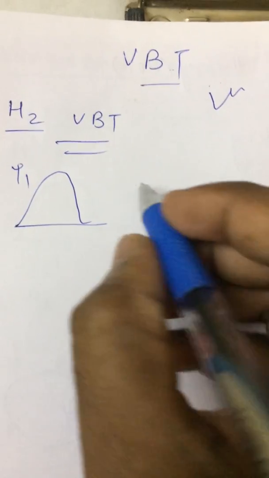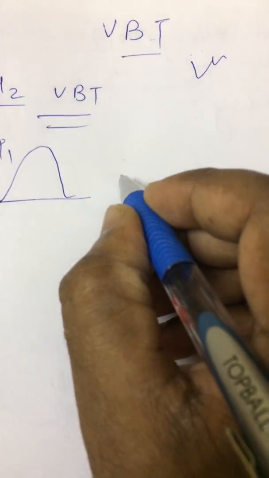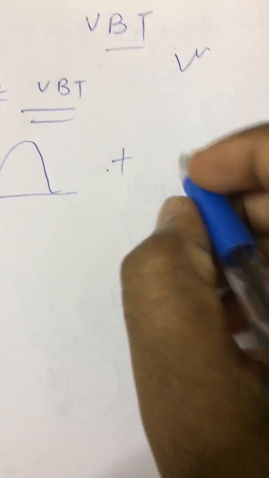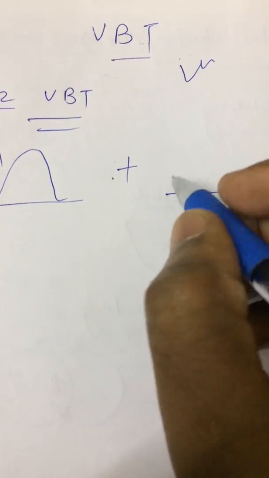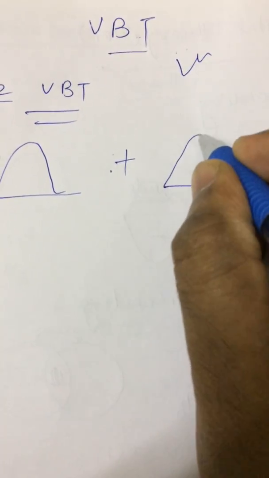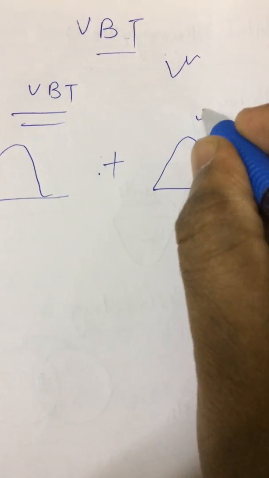I am going to explain how the orbitals will form, and the second electron of the second hydrogen atom has psi 2.